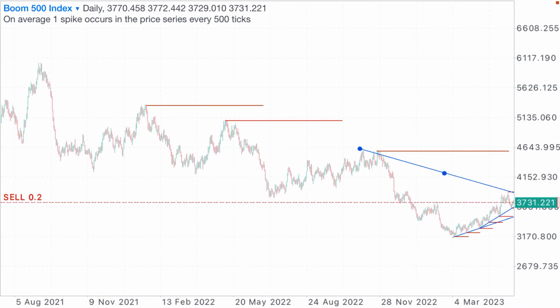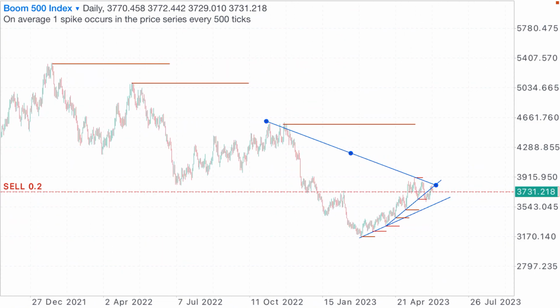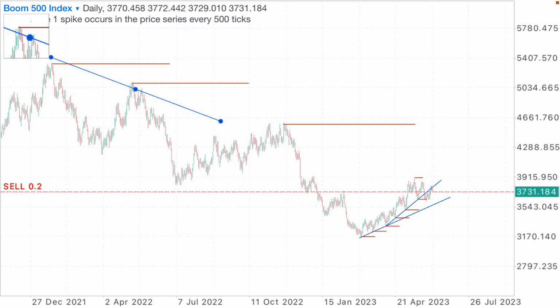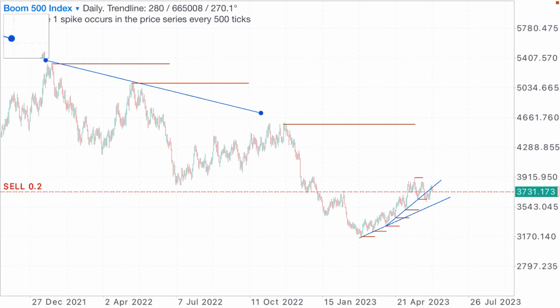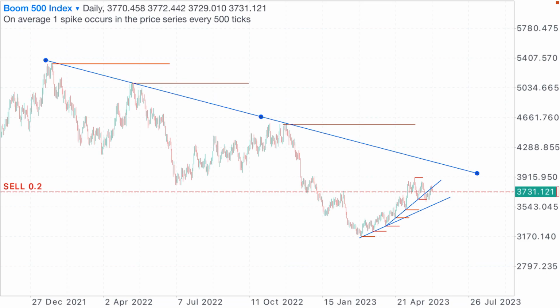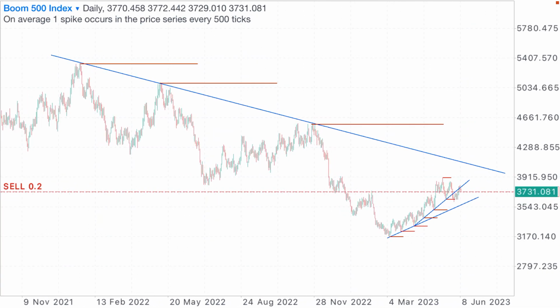Now the need for spotting all these highs is to actually tell you the overall trend of the market. My point is, the overall trend of the market from the daily time frame is that the market is on a downtrend. You getting me? So you need to spot that structure for you to know what you're doing.